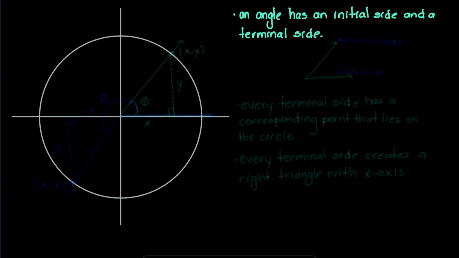So we know an angle looks something like this. It's made up of 2 rays. One ray is the initial side, and the second ray is the terminal side.